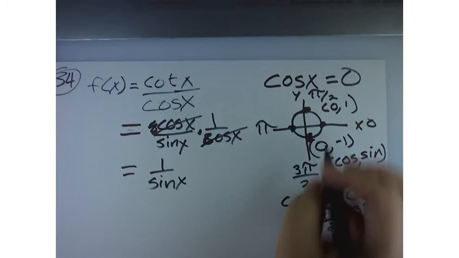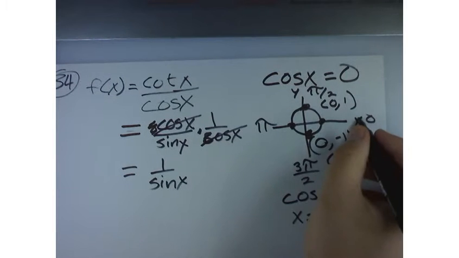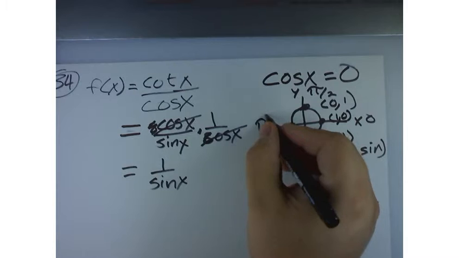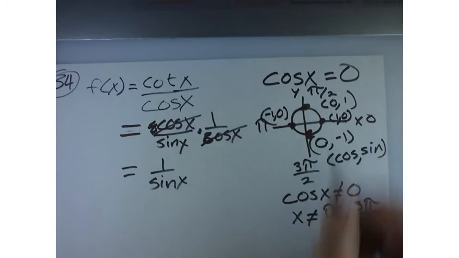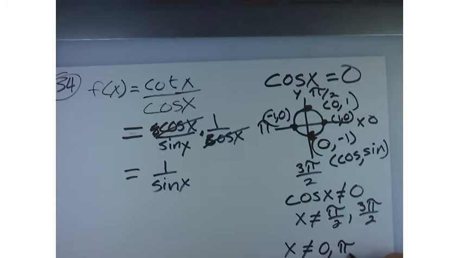Well, sine of x is going to be 0 right here, because we're looking at 1 comma 0 and negative 1 comma 0. So x cannot equal 0, it cannot equal pi, it cannot equal 2 pi, and so on and so forth. So these are our two different vertical asymptotes.